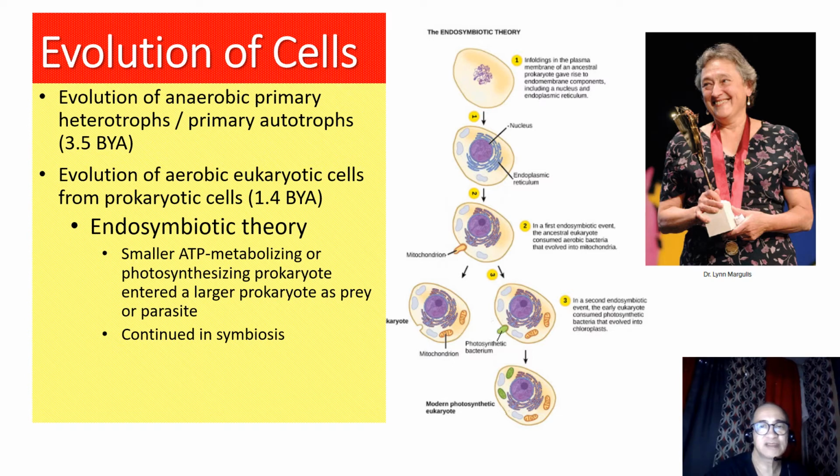We have a lot of names for this event in our textbook, Hickman's Zoology book. An important product of this oxygen catastrophe was the evolution of the eukaryotic cells. The evolution of the eukaryotic cells is popularly described by the endosymbiotic theory. According to this theory, the mitochondria and plastids, that is the chloroplast, were formerly small prokaryotes that began living inside larger prokaryotes.